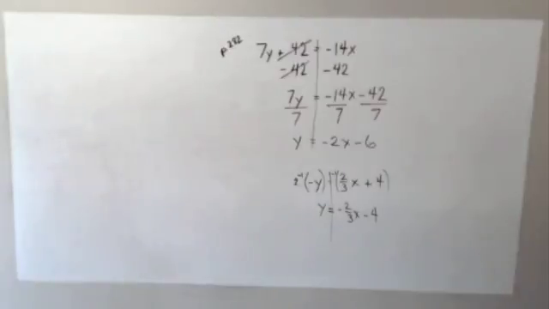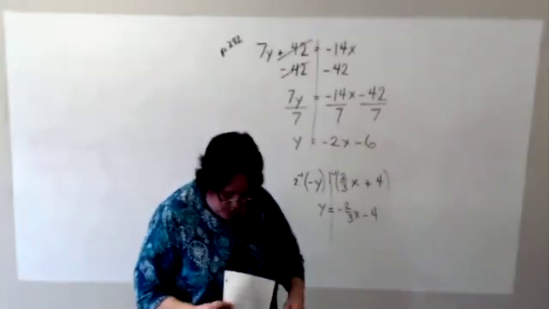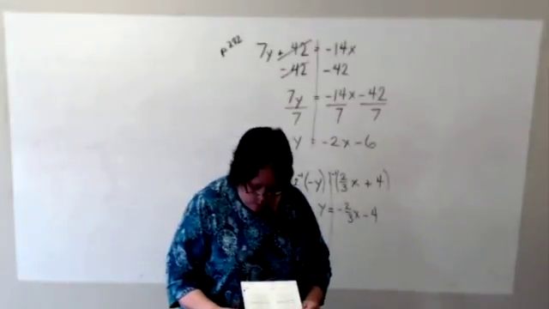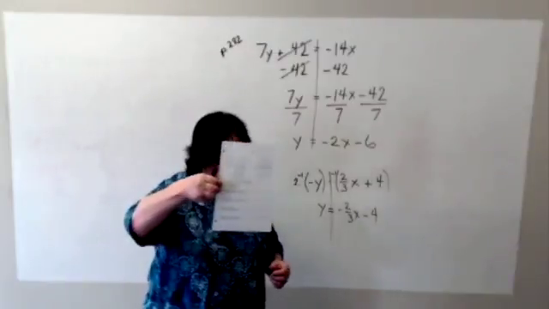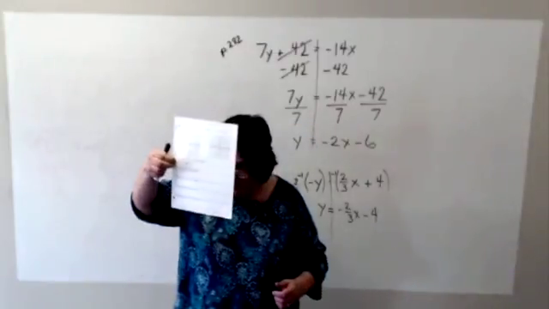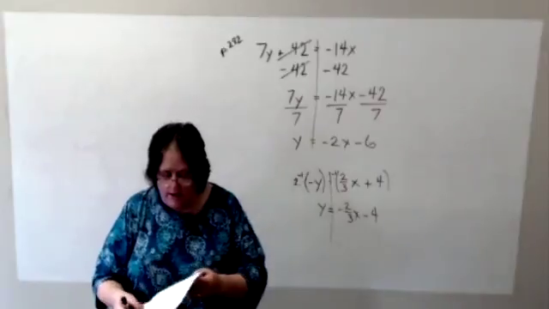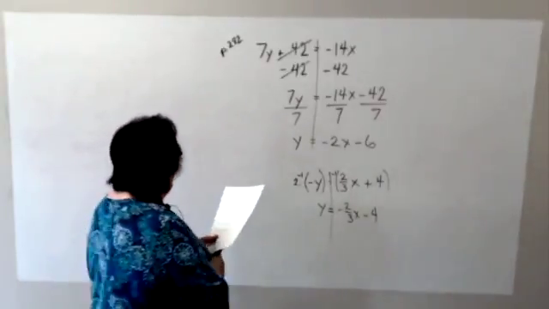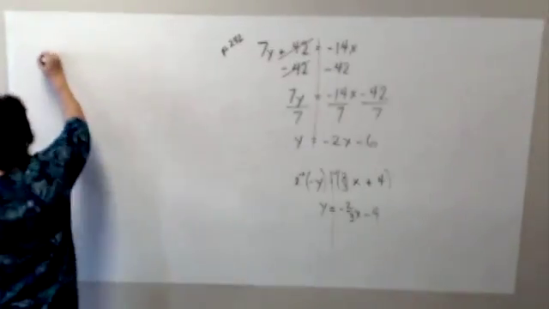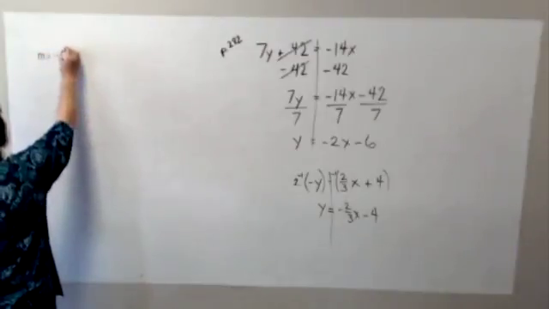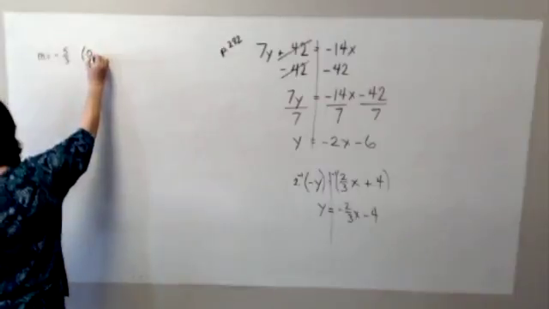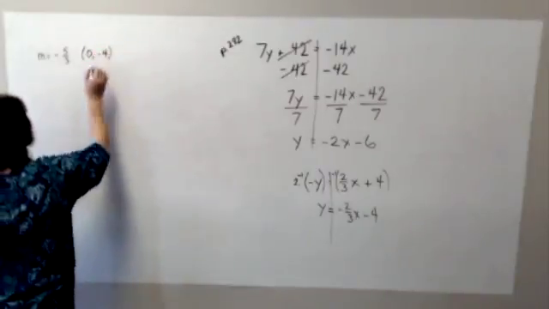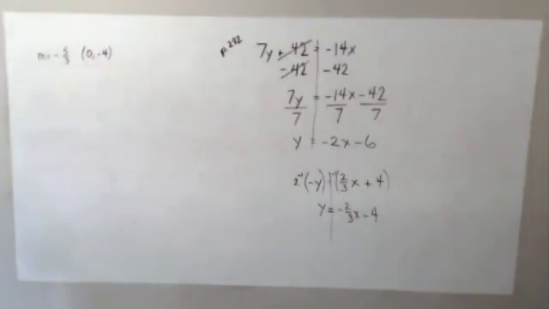Now, let's take a look at page 283. Not these two at the top, but this one right here, number 1. Does everybody see where I'm pointing? It says the slope of a line is -5/3, and the line goes through the point (0, -4).